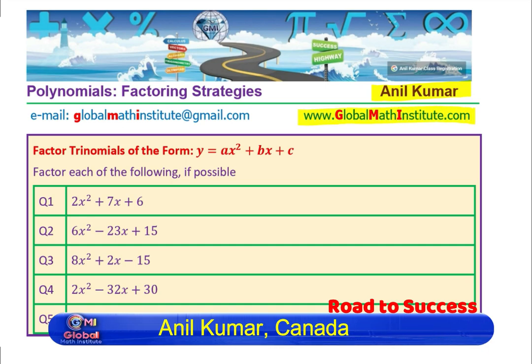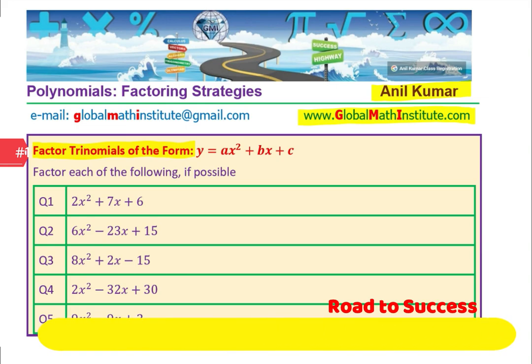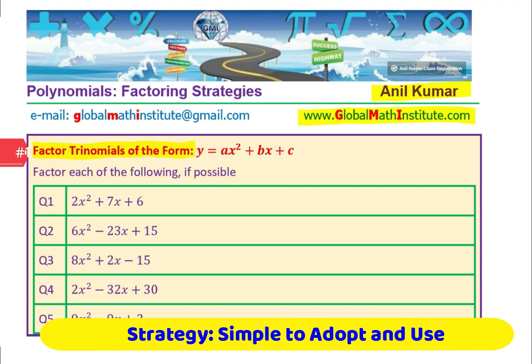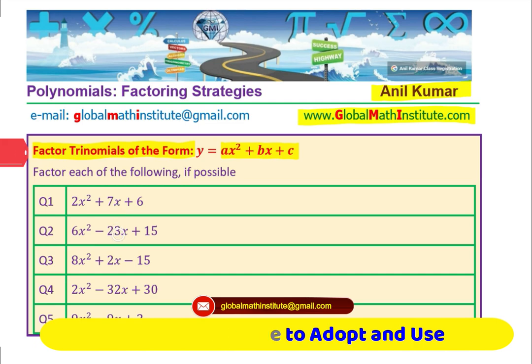In this video, we will learn how to factor trinomials of the form y equals ax squared plus bx plus c, where a is not equal to 1. We have 10 examples for you.